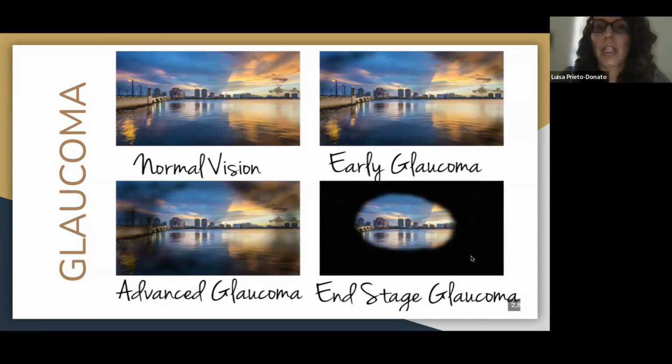Glaucoma usually affects patients above the age of 55. But if you do have a family history, around your 40s you should start getting an eye exam to get all the baseline testing. We check the tissue around the optic nerve, and we also perform what's called the visual field, which checks your peripheral vision.